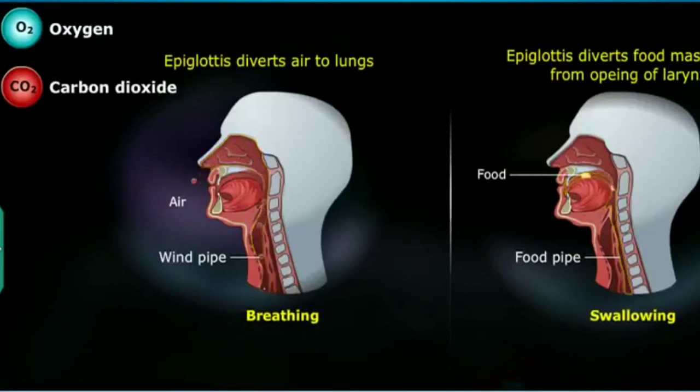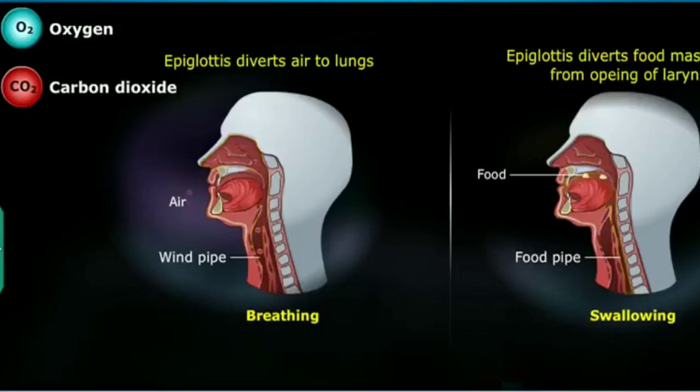While breathing, the air moves from the nasal cavity to the pharynx. Here is a tricky situation. From the pharynx there are two passageways, one to the lungs and the other to the stomach. This traffic is maintained properly by a flap-like valve called epiglottis, which protects the tube to the lungs by arresting entry of food. Observe the pictures and discuss the epiglottis and its functioning while breathing or swallowing.